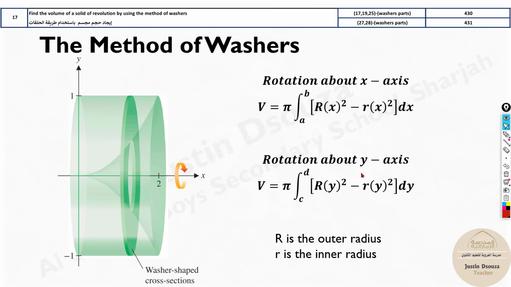Whereas if it's about the y-axis, which is vertical like this, or it's being rotated along this line, then it will be the second formula. It's a very simple formula: pi, definite integral, outer radius minus the inner radius, both squared, dx.